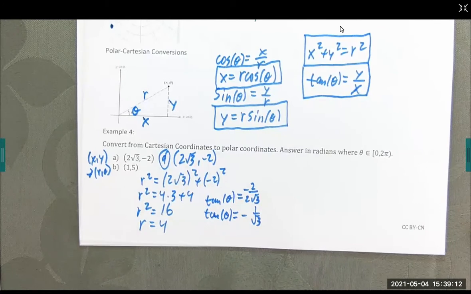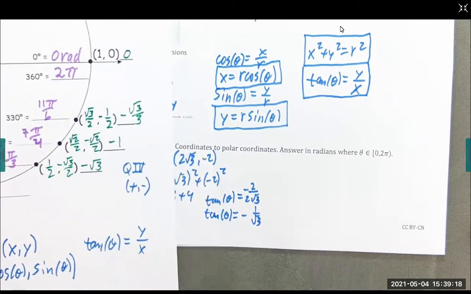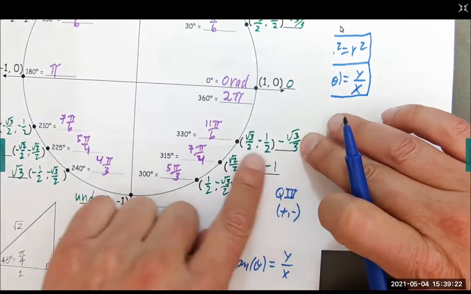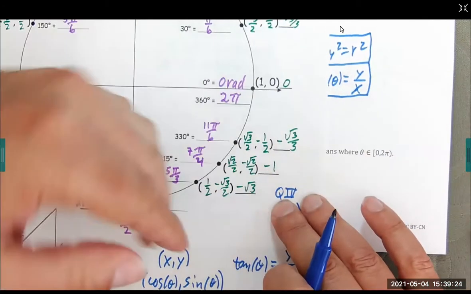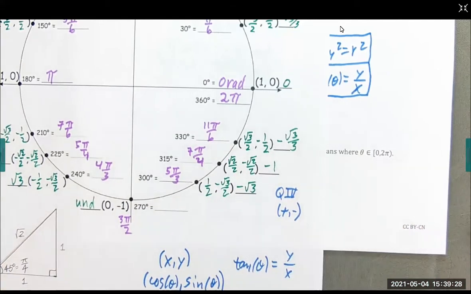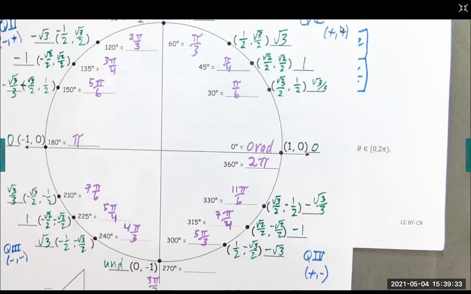Now I want to point out on our unit circle, inverse tangent is going to give us, so here we are here. It's going to give us a negative pi over 6, or a negative 30 degrees, depending on what mode your calculator is in. However, we need our angle between 0 and 2 pi.